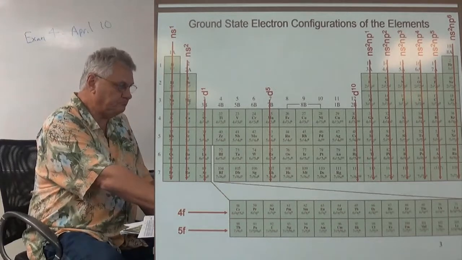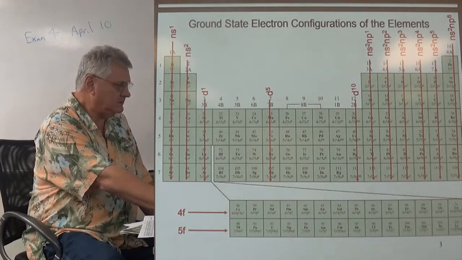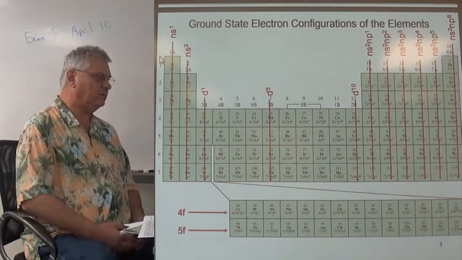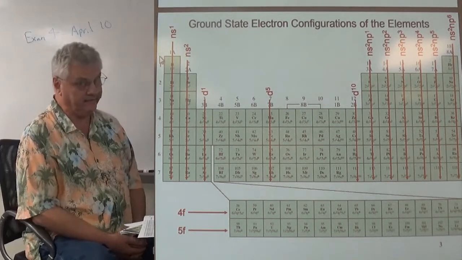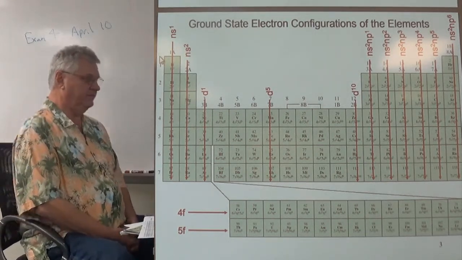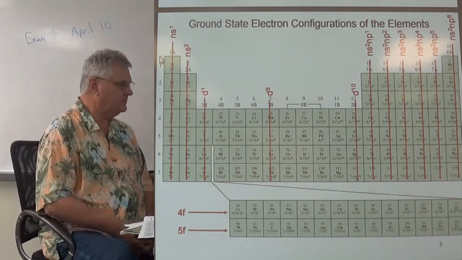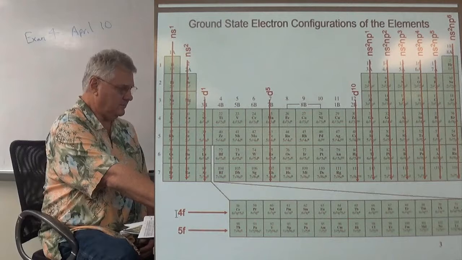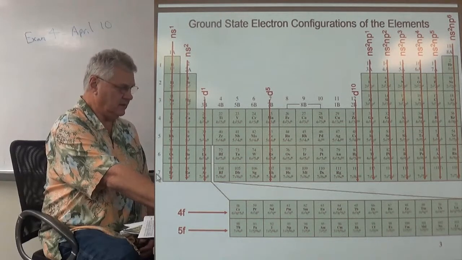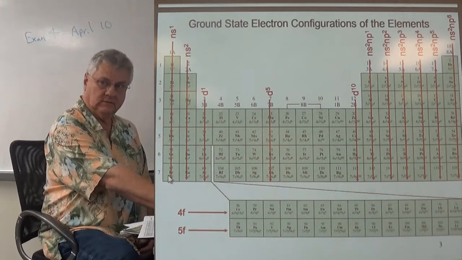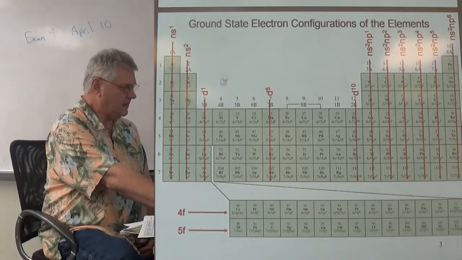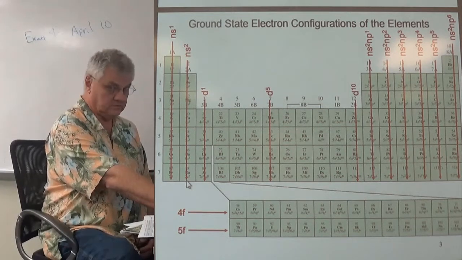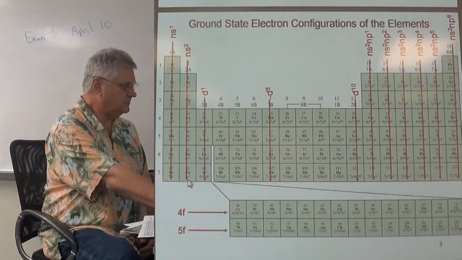And generally speaking, we learned about s orbitals, p orbitals, d orbitals, and f orbitals somewhat in the previous chapter. But generally speaking, for group 1A on the periodic table, the outermost electrons are in an s orbital. For alkaline earths, there are 2 electrons in the s orbital.